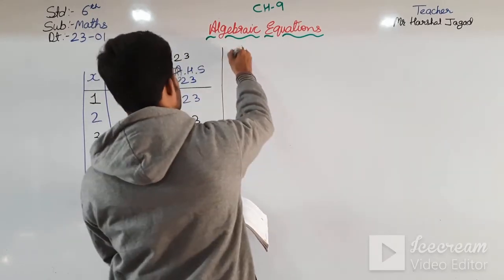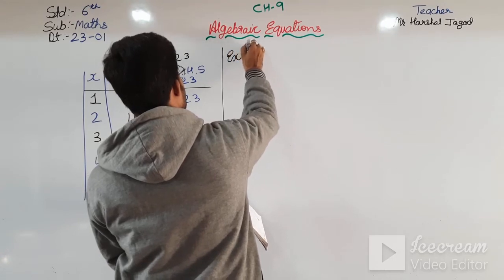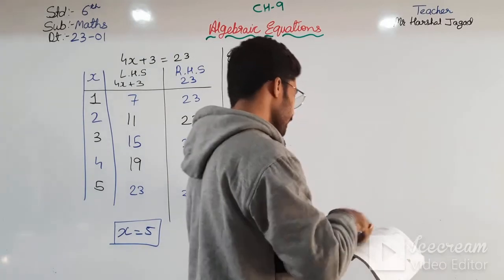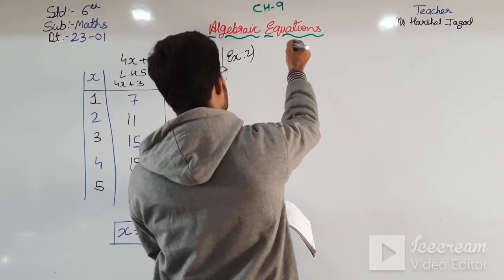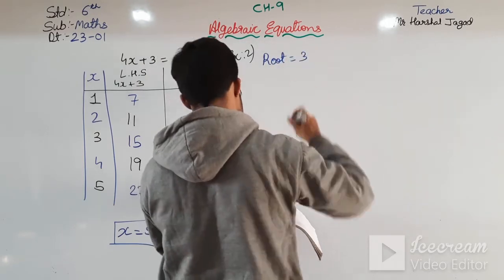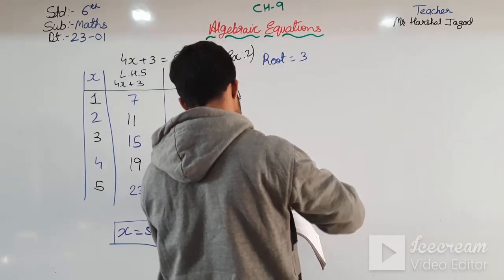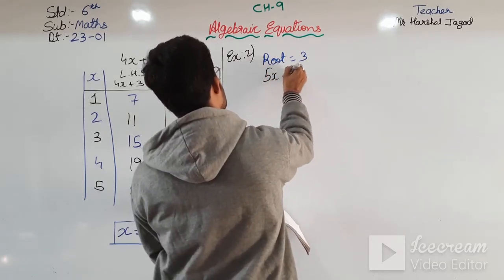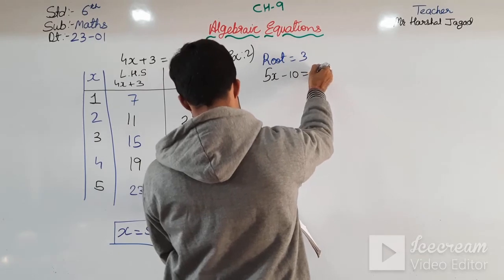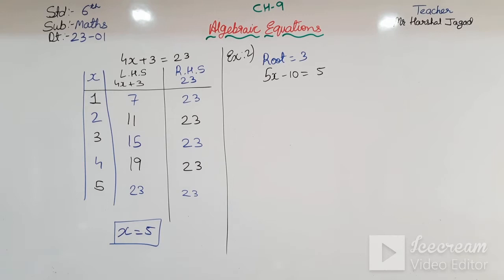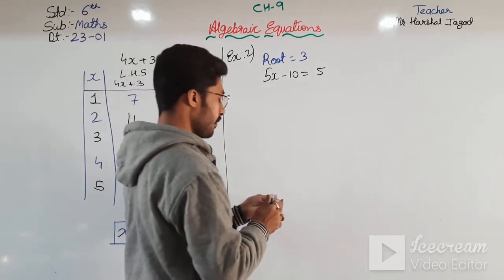Example number 2: we have to find out whether x equal to 3 is the root of the equation 5x minus 10 is equal to 5, or not. Let us see what we have to do.